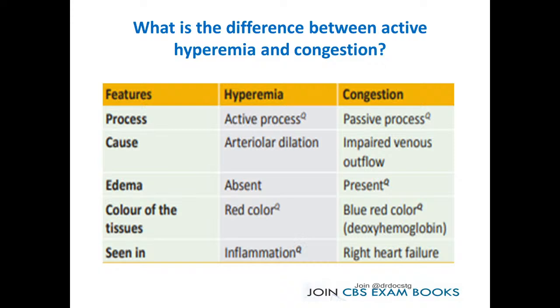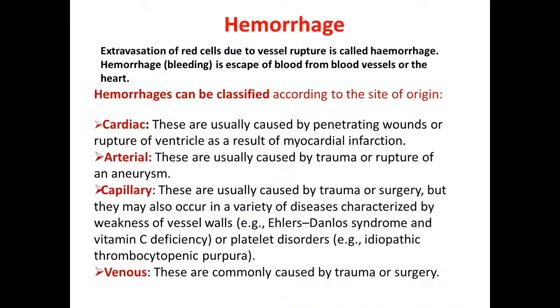Congested tissue contains increased amounts of deoxygenated venous blood and therefore appears dark red or bluish. The congested tissues are clammy and cold. Obstruction of veins with thrombi or backward pressure caused by heart failure is typically accompanied by congestion.